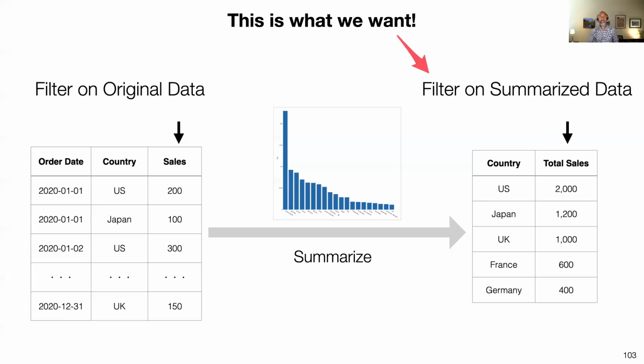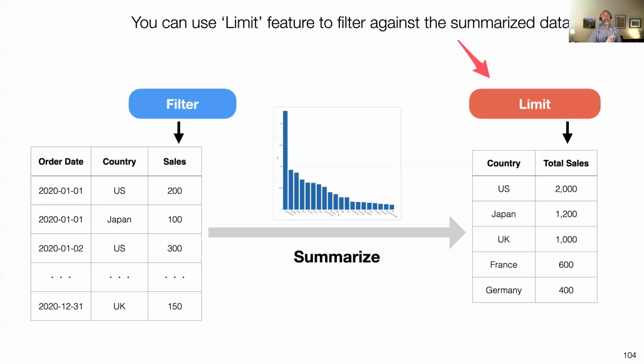So that's basically the right-hand side. We want to do the filter on summarized data. That's what we want to do. And that's where the limit feature comes in. Okay, so that's the difference between the filter and the limit. A chart filter, or even a step filter, is always against the raw data or original data before the chart summarizes.